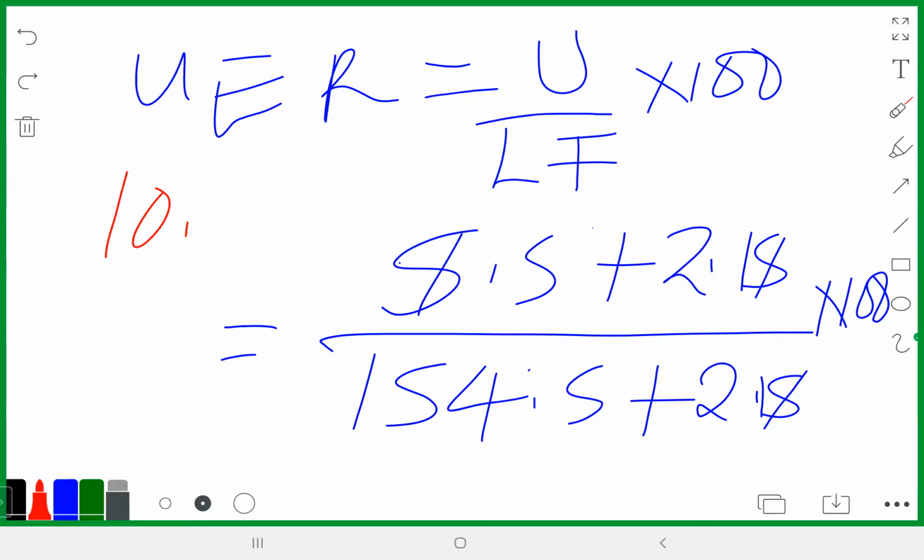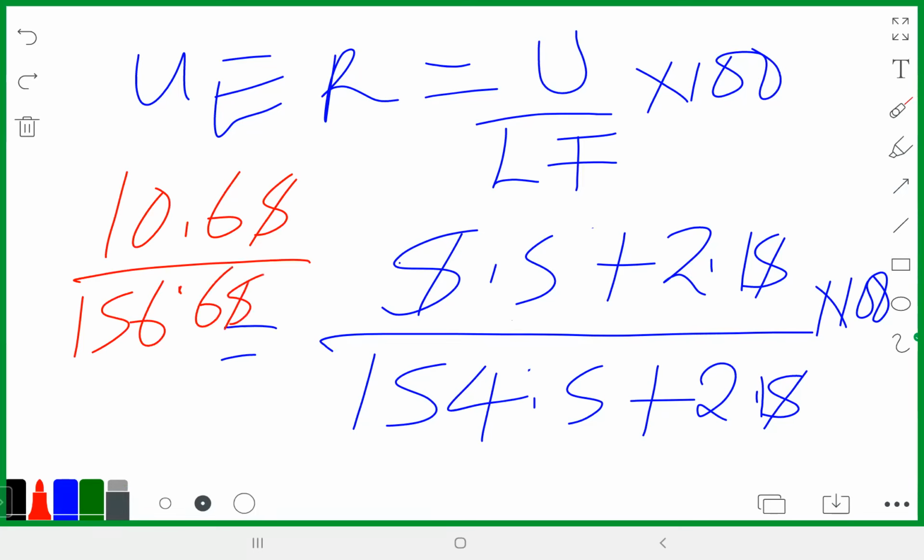You find 10.68 divided by 154.5 plus 2.18, giving us 156.68, multiplied by 100.